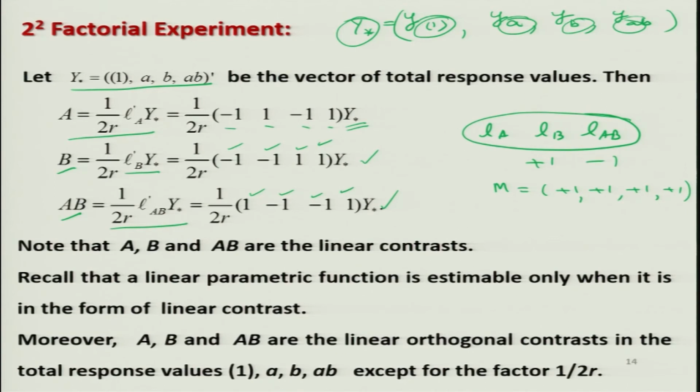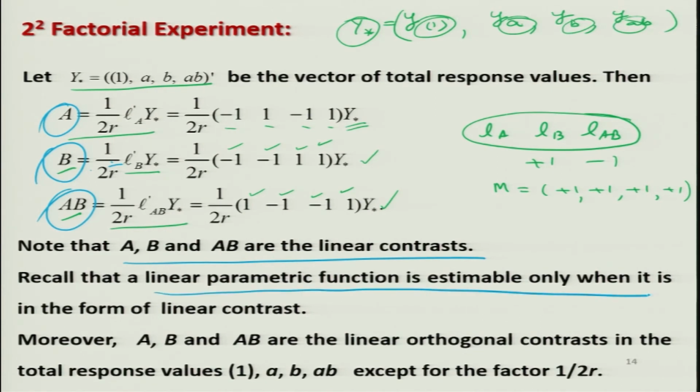So now you can see that whatever you have expressed here, A, B or AB, they are all linear contrasts. And if you try to recall, a linear parametric function is estimable only when it is in the form of a linear contrast. That is the result which you have used many times and which you proved when we were developing the analysis of variance in case of one-way analysis of variance in the beginning of the lecture.